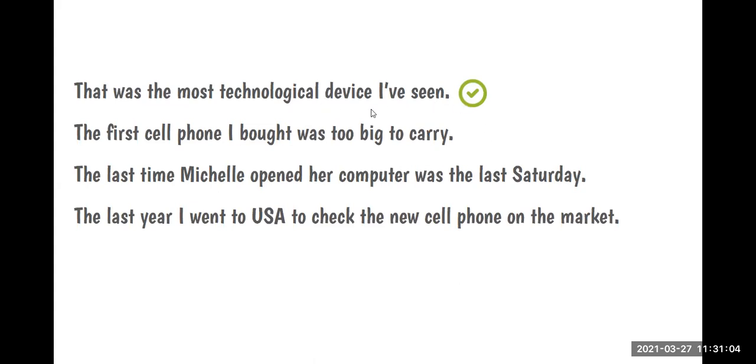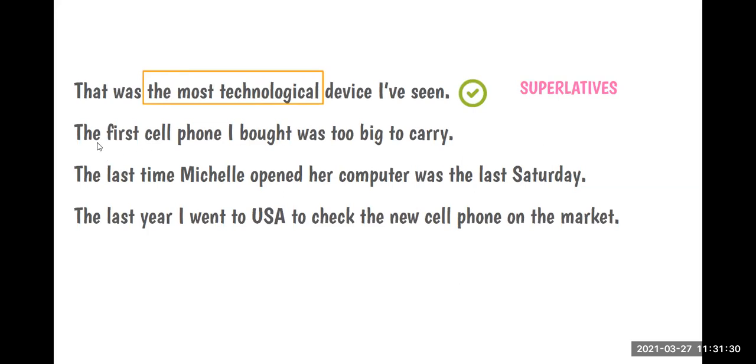Yes, it's a superlative adjective, right? The most technological. Technological in this situation is an adjective. And to make this adjective a superlative, we use the most technological device. Okay, that's why we can use the. Remember, for superlatives, we always use the, right?